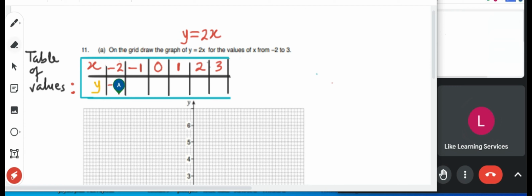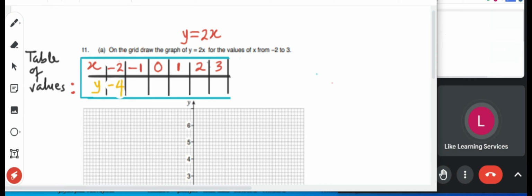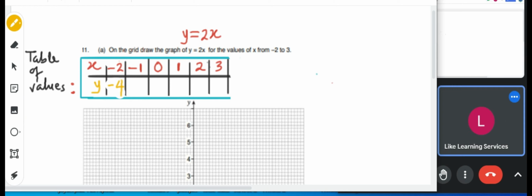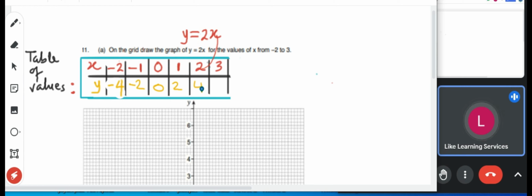Minus 4, because what you have is 2 times x, or 2 times minus 2, which is minus 4. This one will be 2 times minus 1, which is minus 2. This one will be 2 times 0. So just substituting the values of x, each one of them, and this one finally 6. So you plot your values.